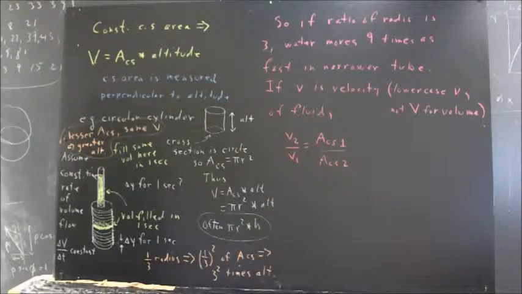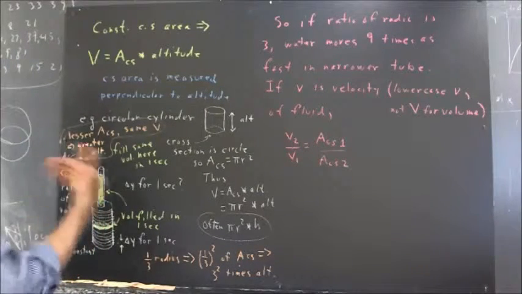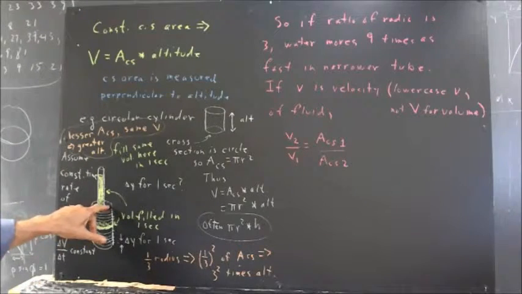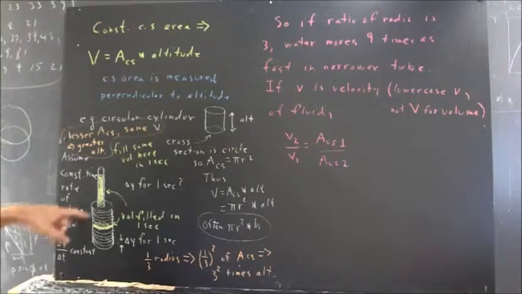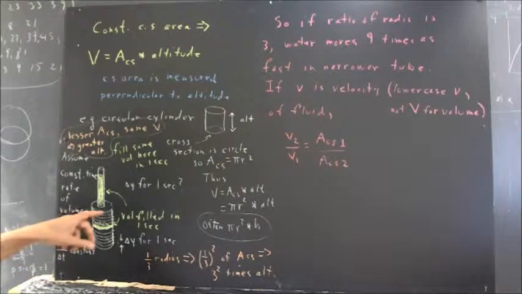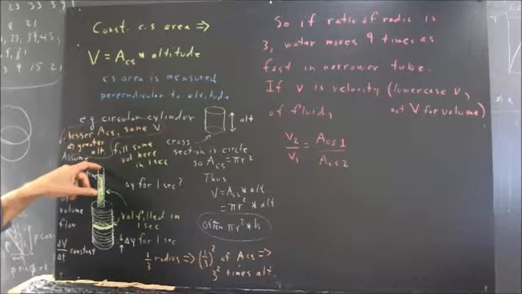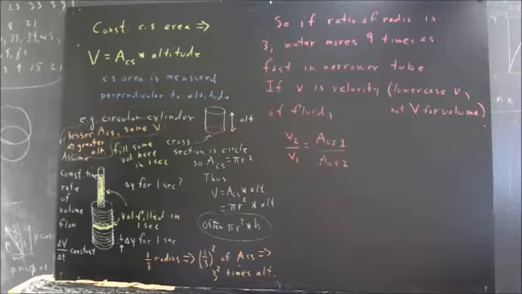However, this is not a direct indication of the change in the cross-sectional area, because the cross-sectional area depends on the square of the radius. And if you just look at this circle versus this little circle here, it's clear that this circle is a lot more than 2 or even 3 times the area of the little circle.